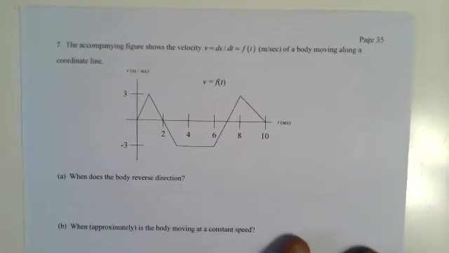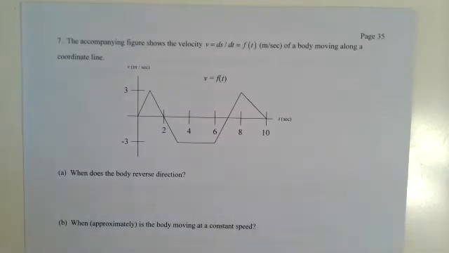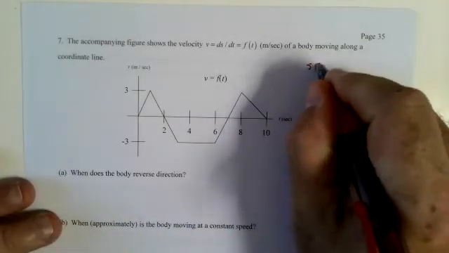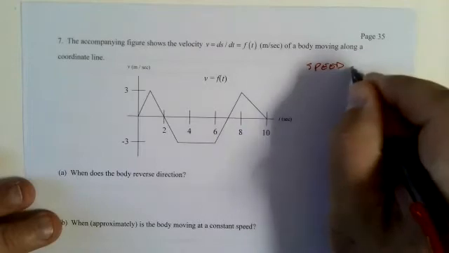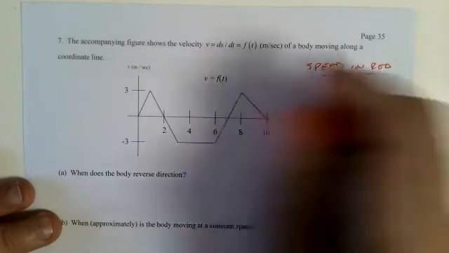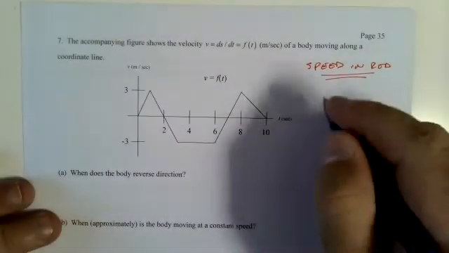Velocity of a body moving along the coordinate line. So we want acceleration. I will put speed in red and acceleration in blue.